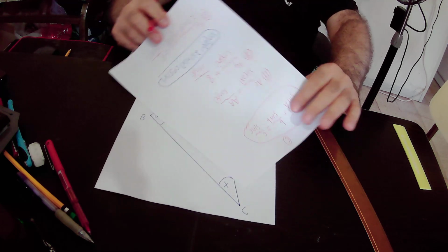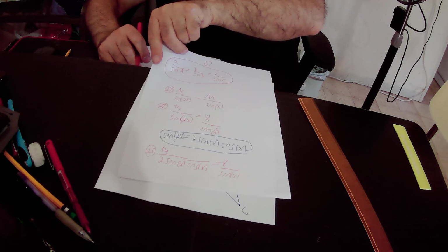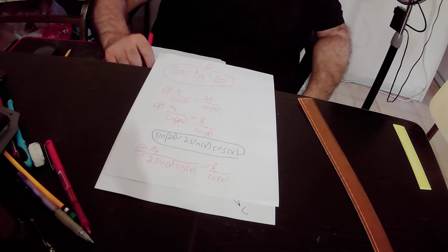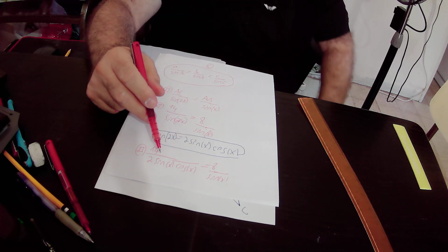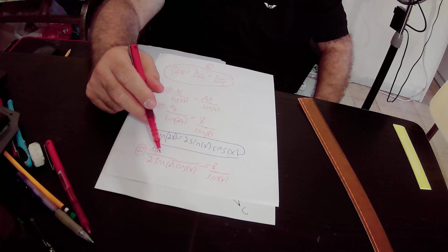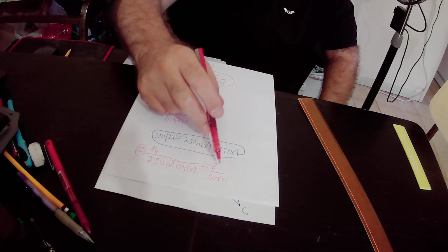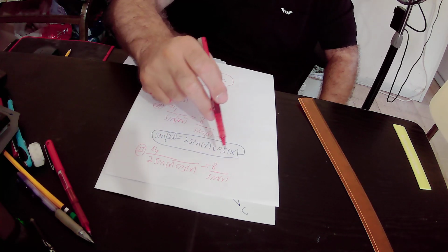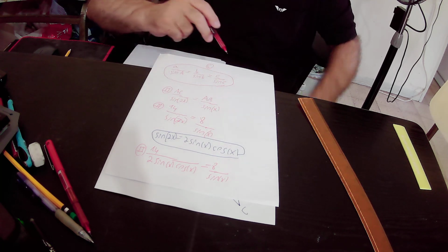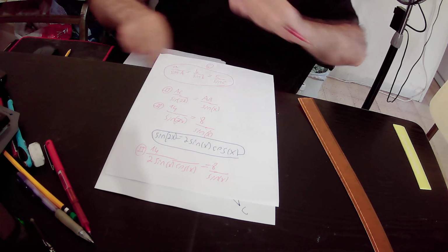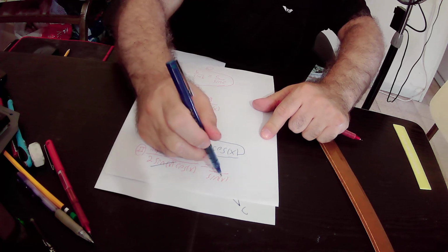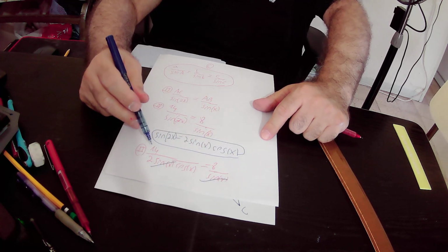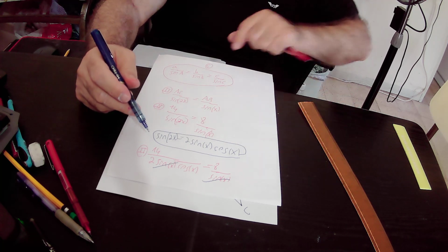Okay, so here we can cancel sine x because we have sine x in the denominator of this side of the equation, and we have sine x in the denominator of the other side of the equation, so we can cancel sine x. And 14 over 2 is 7.